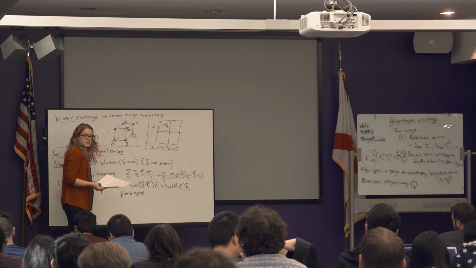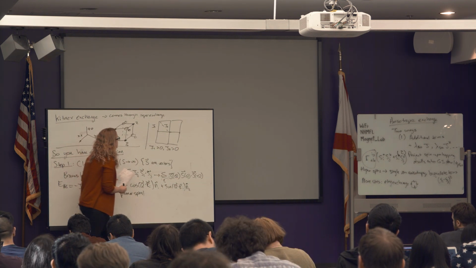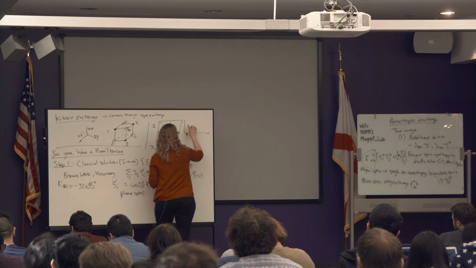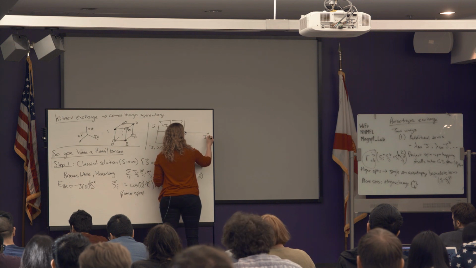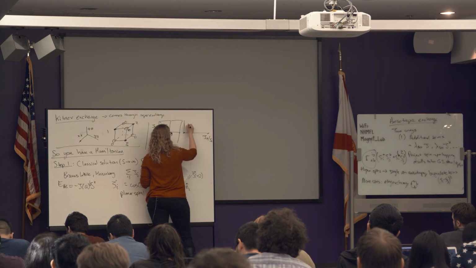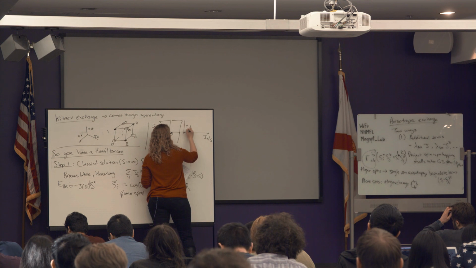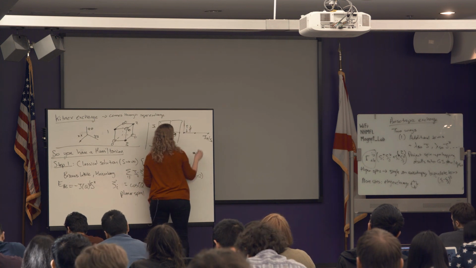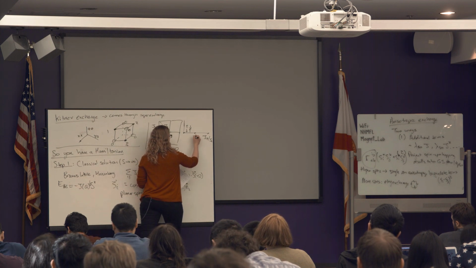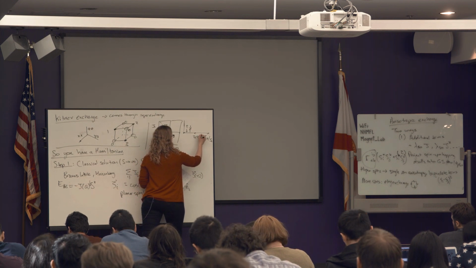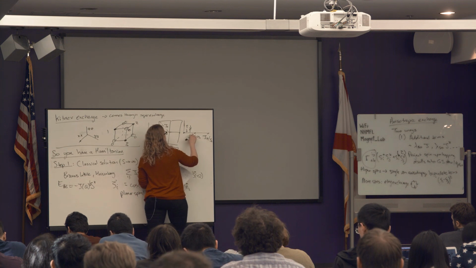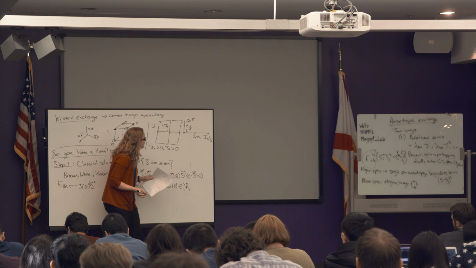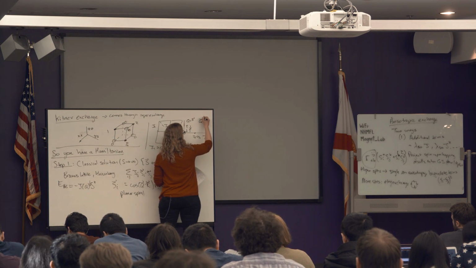Then I can find this J of Q and solve to find what my minimum solution is. So if this is J2 over J1, in this classical picture, I have a Néel lattice below J2 equals J1 over 2, and this is a Q equals pi vector. And then above, I find a minimum at two different places.